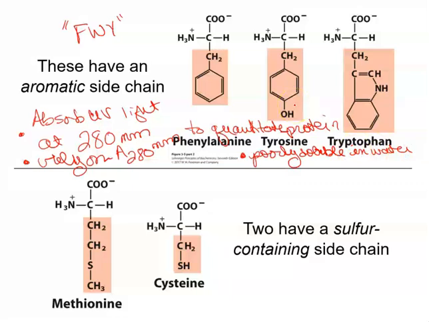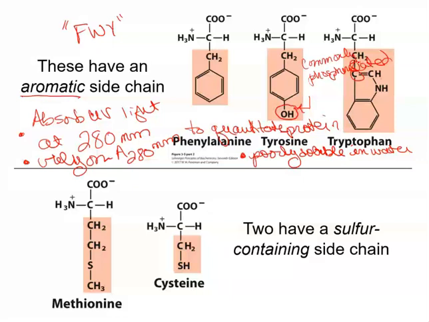An important thing to note about the properties of these amino acids is that we have on serine an alcohol group, and this is commonly phosphorylated in proteins that are involved in cell signaling pathways.